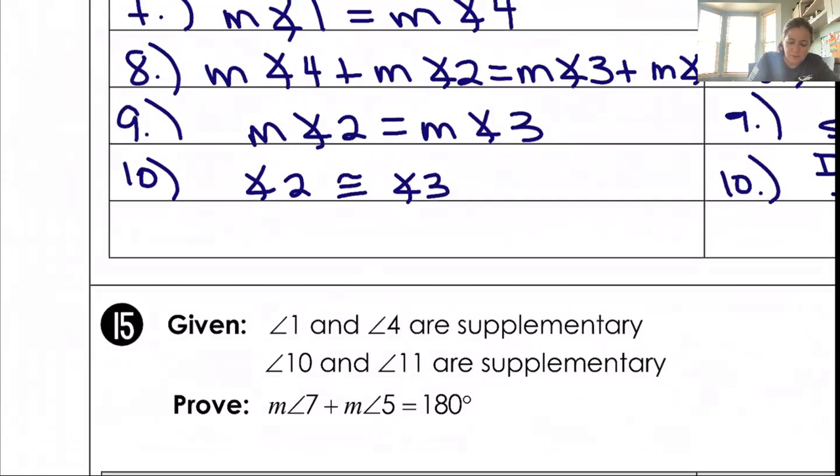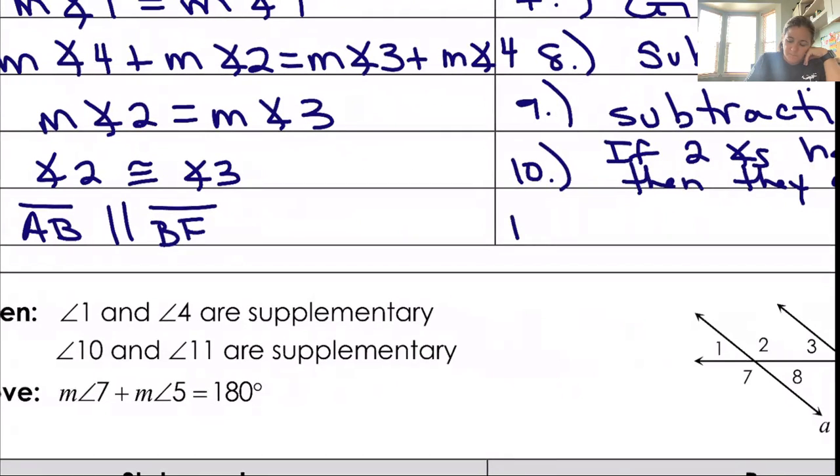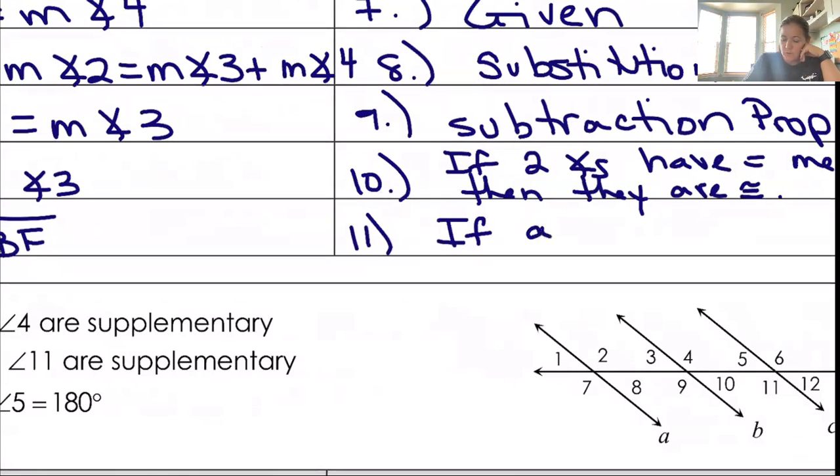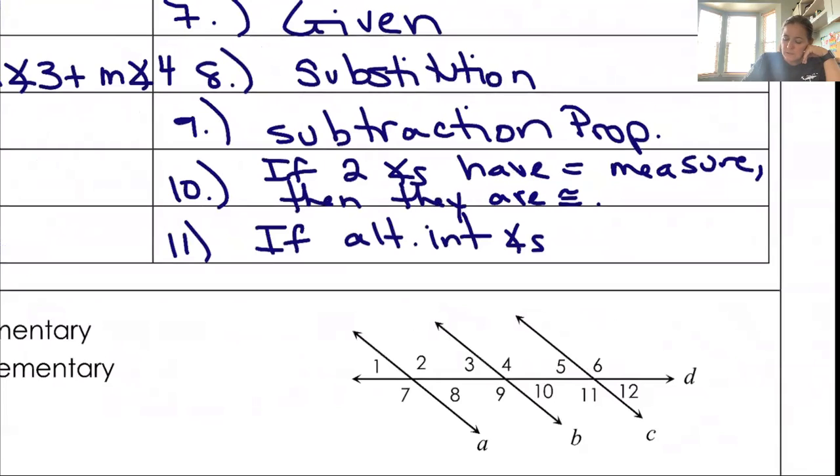Now we can say the lines are parallel because we found 2 and 3 are congruent. So AE parallel to BF. If alternate interior angles are congruent, then the lines are parallel.